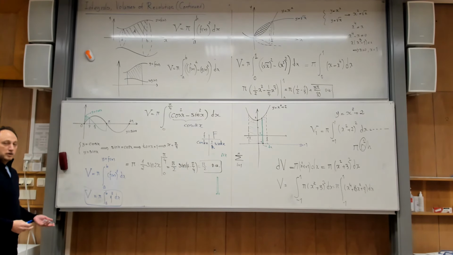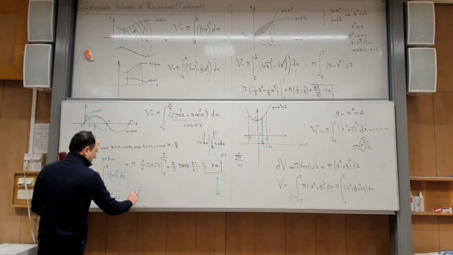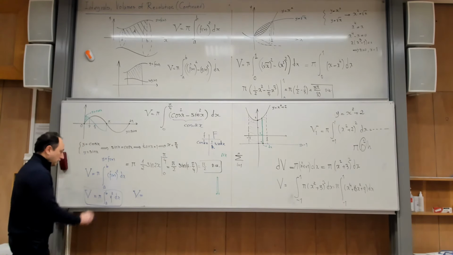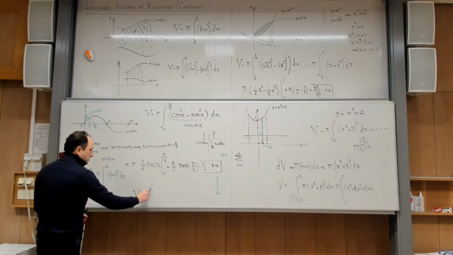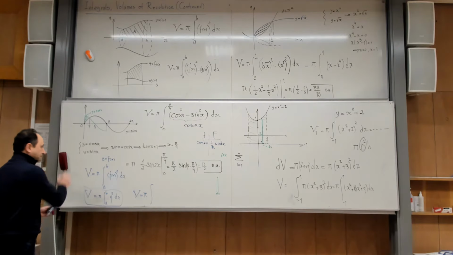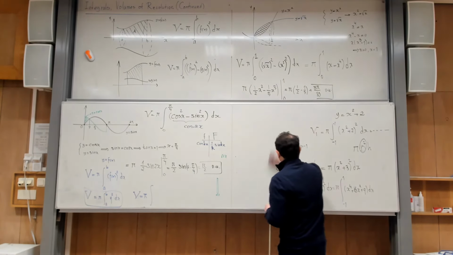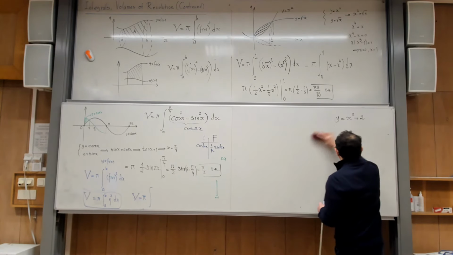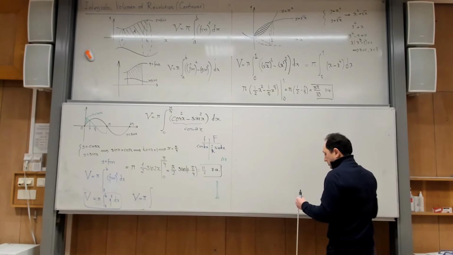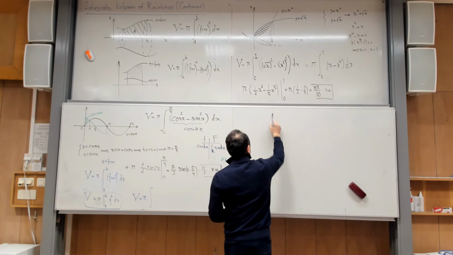Can you guess what will happen if I want to rotate about the y-axis? I hope that you agree there will be a pi, and an integral from where to where. Let me draw a picture for you here. Okay, so let us consider a simple case.